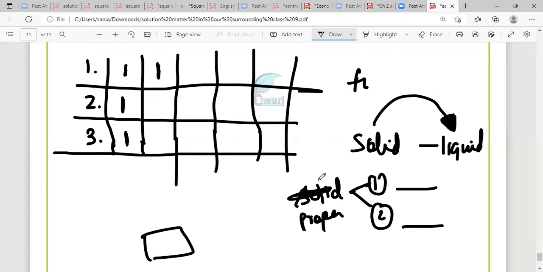Next to Jasleen. Jasleen, you have to tell me the two properties of liquid. You can type it. Just mention the word.